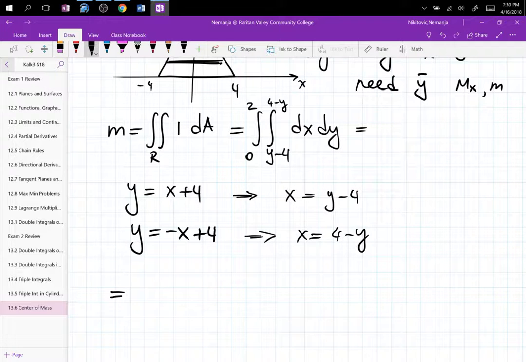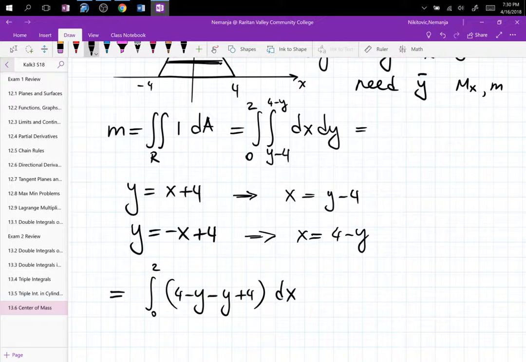So that's our integration. Now we are going to recycle these limits and everything for the next integral for moments. So now I have the integration over here. Our integral from 0 to 2, when I plug in the upper limit 4 minus y minus the lower limit y minus 4, I still have dx. The 4's die. This is negative 2y from 0 to 2. Oh no, I have to integrate.